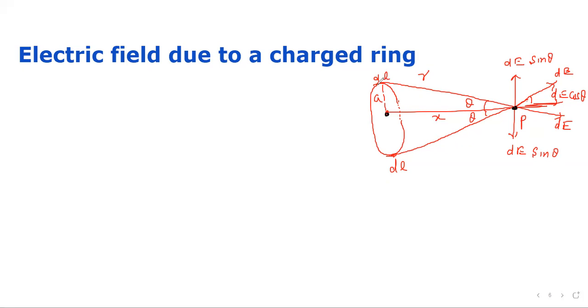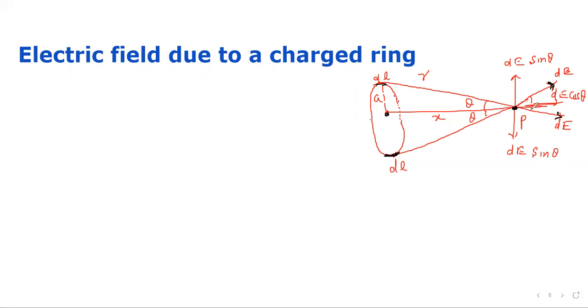We consider one element dl, due to which the electric field will be directed like this. Then we consider another length element dl diametrically opposite, whose electric field will be directed like this. Similarly, we can consider many such elements.